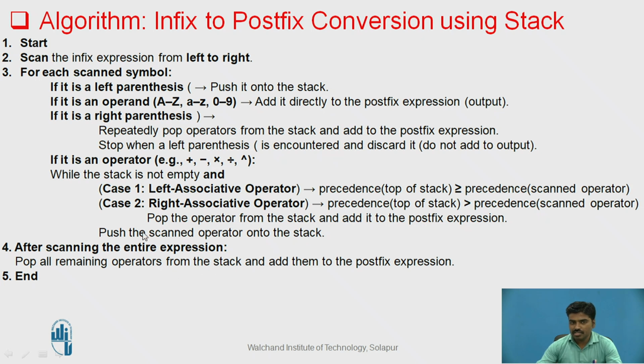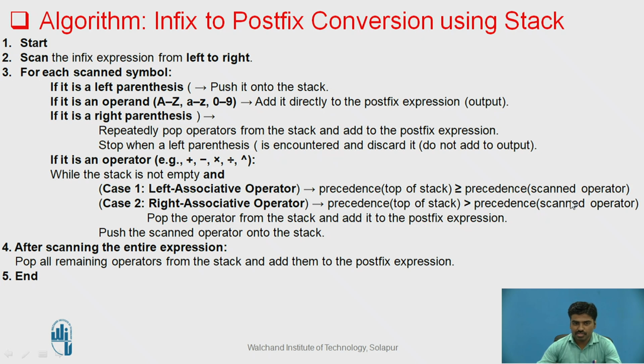In this algorithm, you have to remember only two rules. The first rule is to check the precedence of the operator. If the precedence of the top of the stack is greater than the precedence of the scanned operator, you pop the element from the stack.